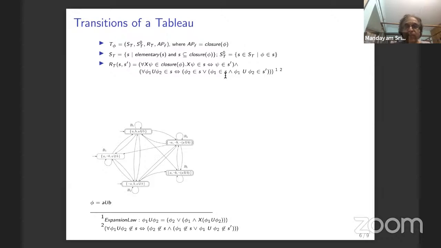Phi2 does not belong to S. Phi1 indeed belongs to S. Therefore, phi1 until phi2 will have a transition to all the states which contain A until B, and that is B1 and B2.